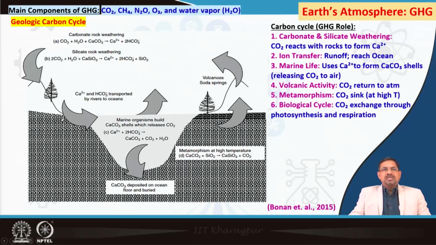And the equation for this is just the reverse of that: the calcium ion plus 2 bicarbonate gives calcium carbonate, which goes as the building material of the outer shell, carbon dioxide and water. This carbon is available to the marine sphere or to the ocean.